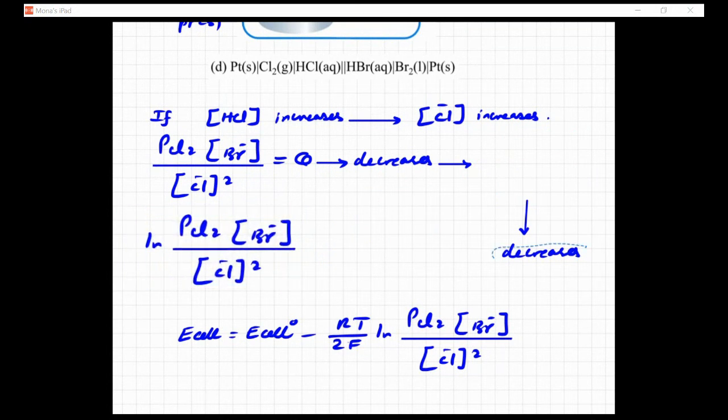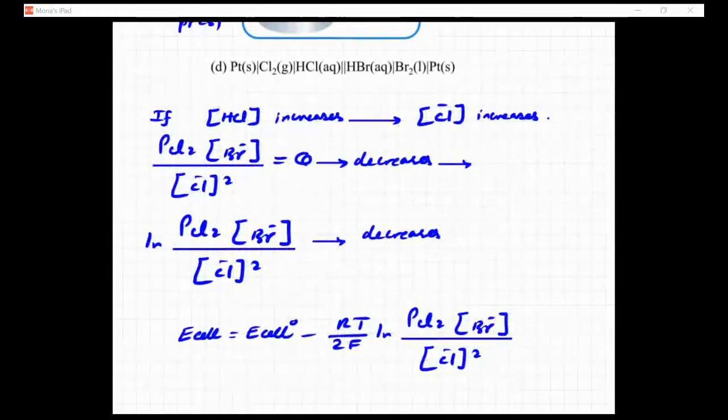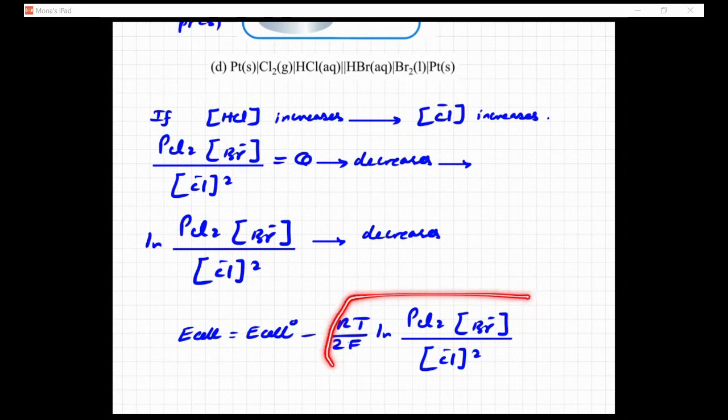This quotient decreases, so what will be the effect on this whole side? You said E cell will increase. Yes, if this decreases, then E cell increases. Fine, so this is our conclusion.